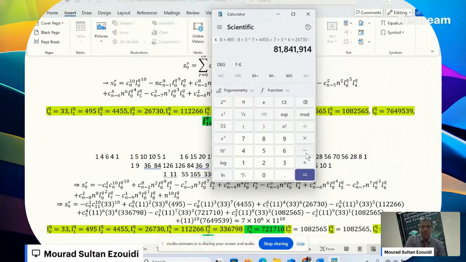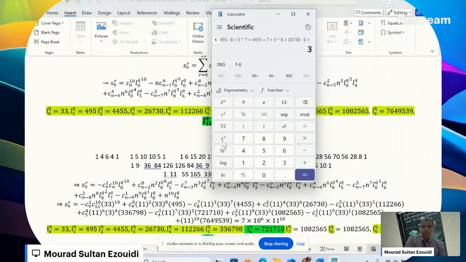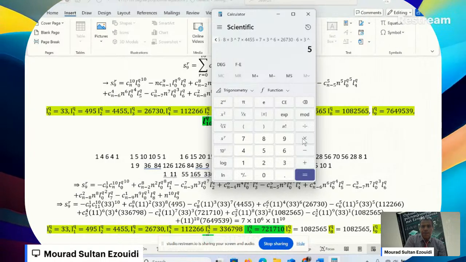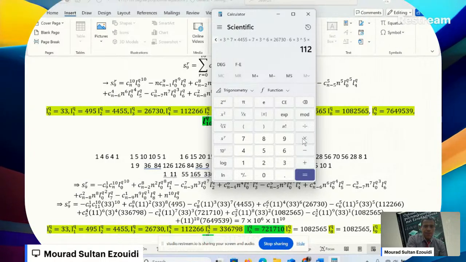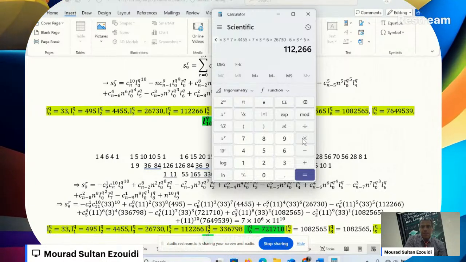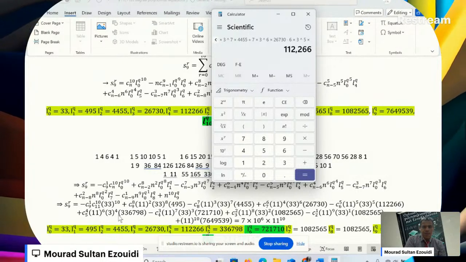Then minus 6 multiplied by 3 raised to the power 5, multiplied by 112,266.